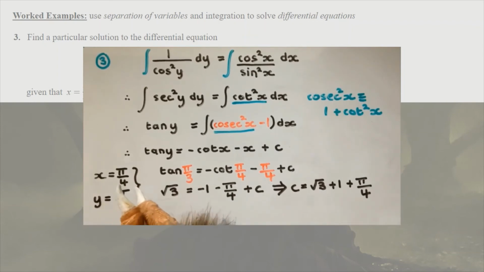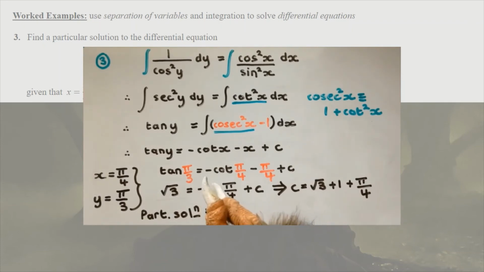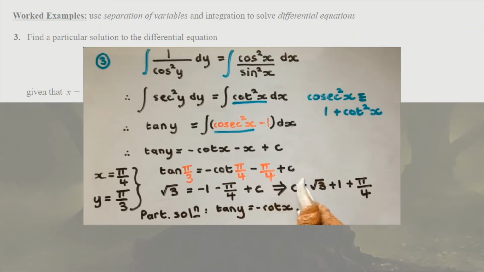So the particular solution, my shorthand again, is going to be tan y is equal to negative cot x subtract x, just make that a bit more negative, and then plus root 3 plus 1 plus pi over 4.